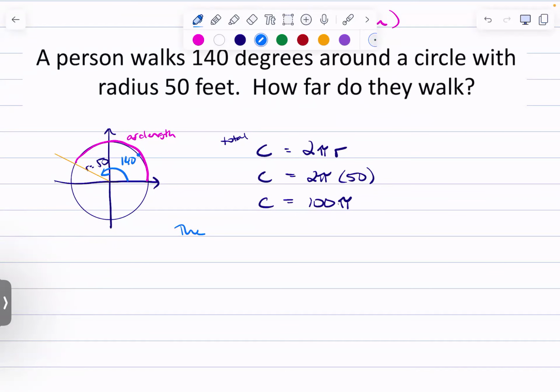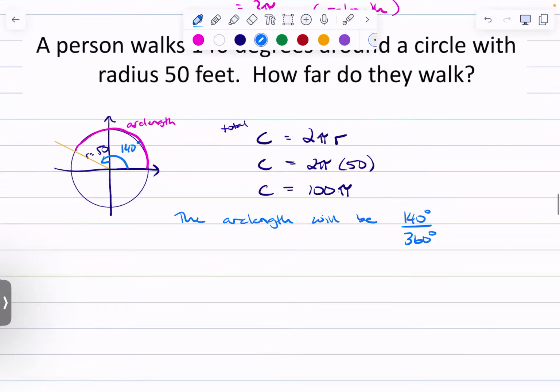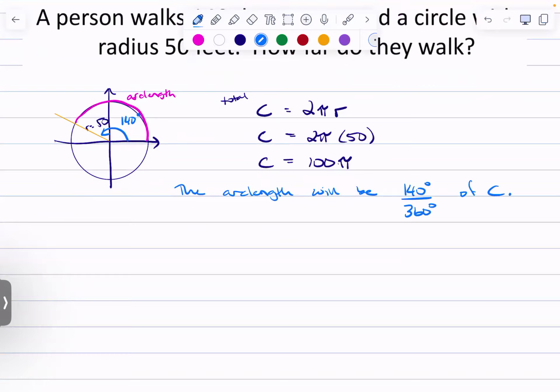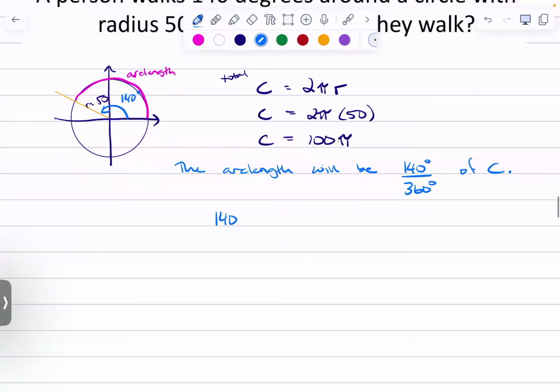The arc length will be 140 360ths of C. And so I have 140 over 360, those units would cancel, degrees over degrees, times 100 pi.